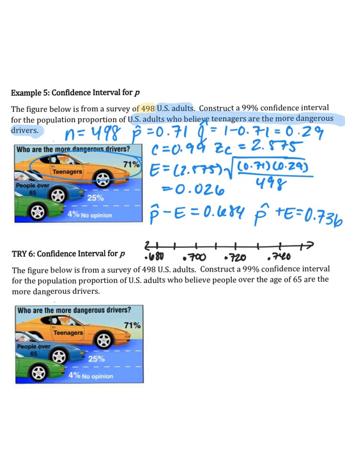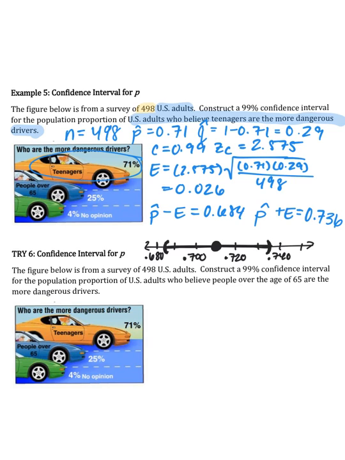Okay. All right, so now we're going to put a dot on p hat, which is 0.71 right there. We're going to put a parenthesis on 0.684, which would probably be somewhere around here, halfway between 0.68 and 0.69. And then we're going to put a right parenthesis on 0.736, which is about here, about halfway between 0.73 and 0.74. Darken it up.